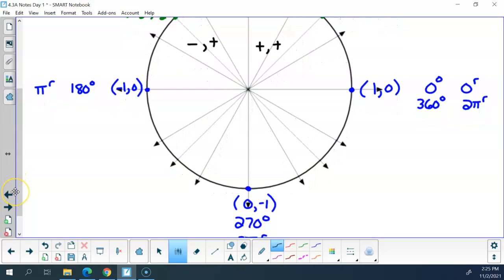Let's go to quadrant number 3. Halfway point is there. Halfway is 225 degrees. Halfway in radians.